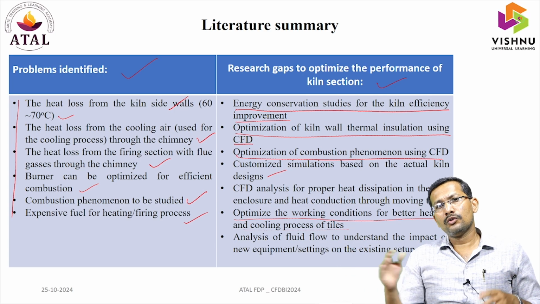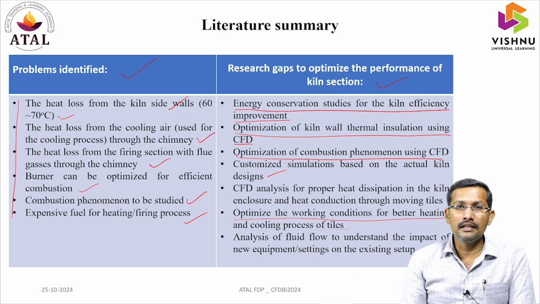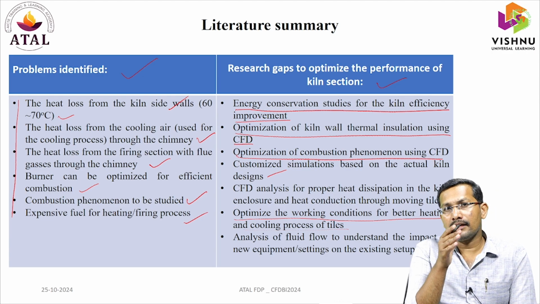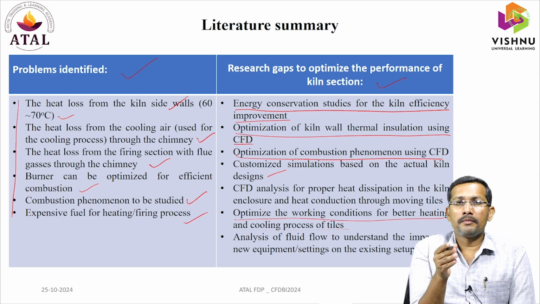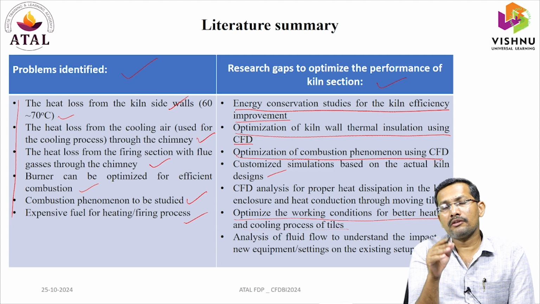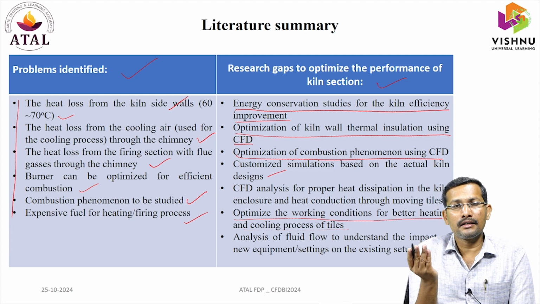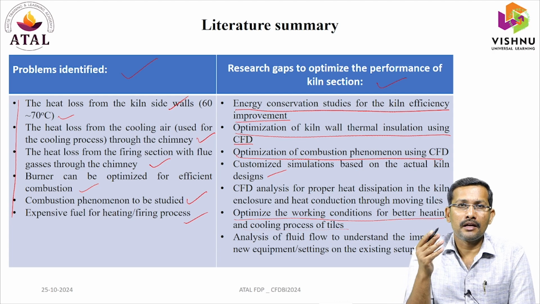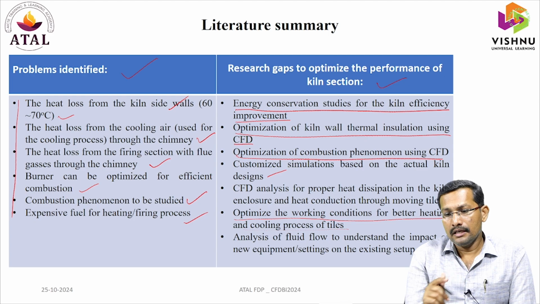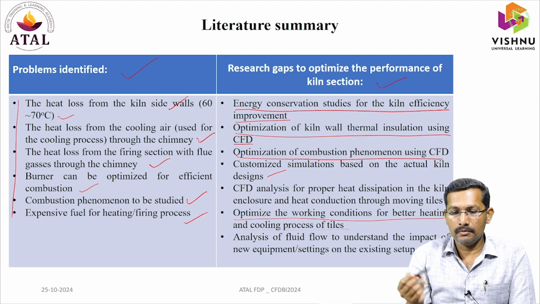Operating that much length is a very big task, because we have to maintain the required temperature and the required pressure at each module for better performance of the heat treatment. If you are not operating at the optimum condition, either we waste more fuel, or the tiles may not be heated properly up to the mark. These are the two problems, which is why operating conditions can be optimized.